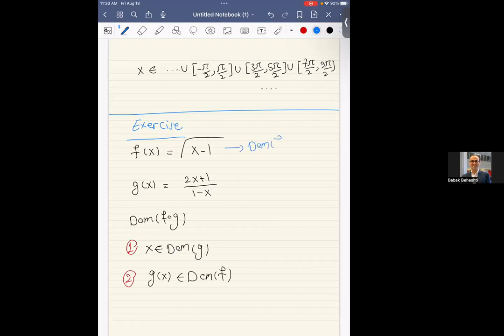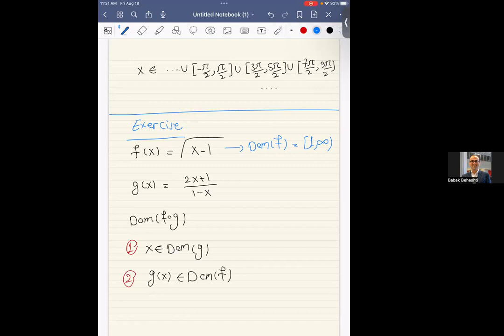Domain of F is numbers greater than 1. So you have to check two conditions.